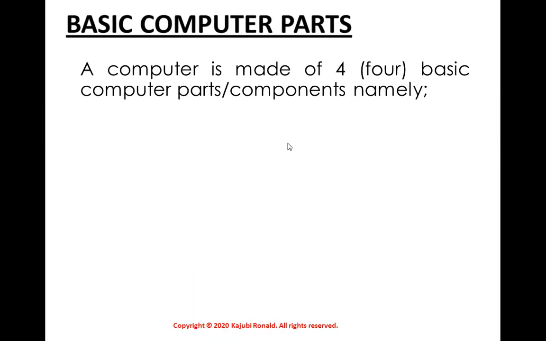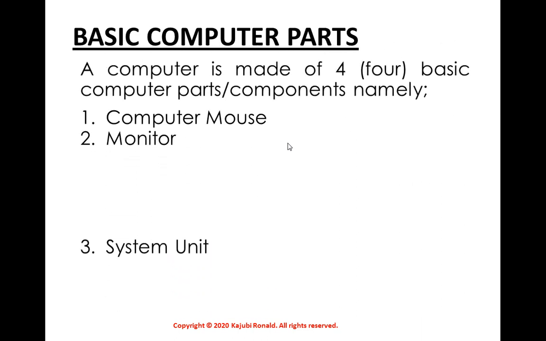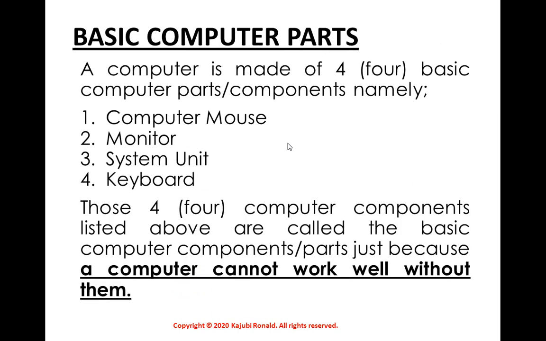Let us go ahead to see what makes up a computer. A computer has got many parts, many components. But we have got what we call the basic computer parts, of which when they are not there, a computer cannot work well.